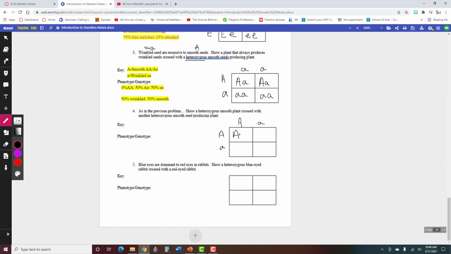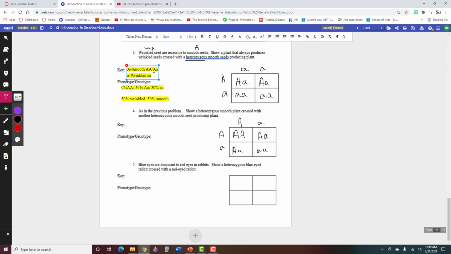Fill that in. Alright, so then once that's filled in, let's do our key. It should be the same as before. So I wonder if I could just copy this.